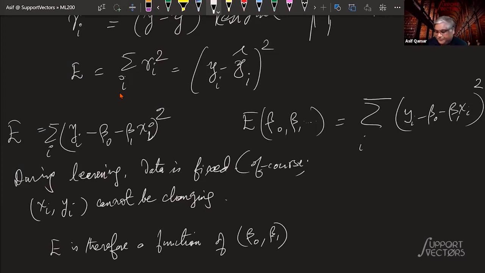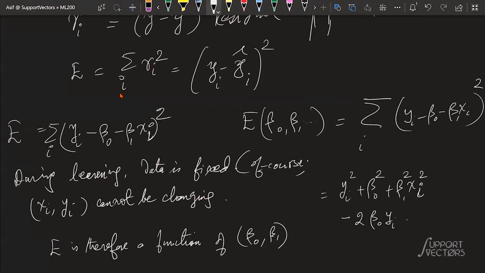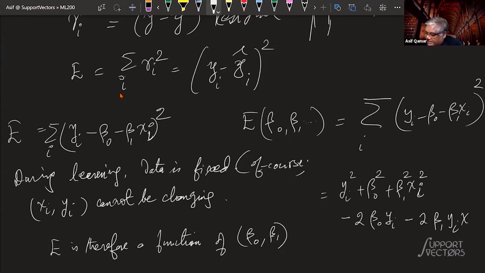Now, if you expand this out for each of these terms, it expands out as yi square plus beta naught square plus beta 1 xi square, minus 2 beta naught yi, minus 2 beta 1 yi xi, and obviously we'll have to put a big summation over all of those.